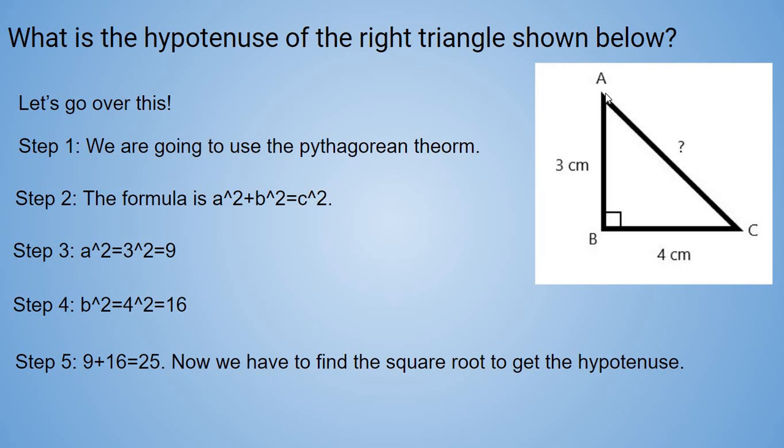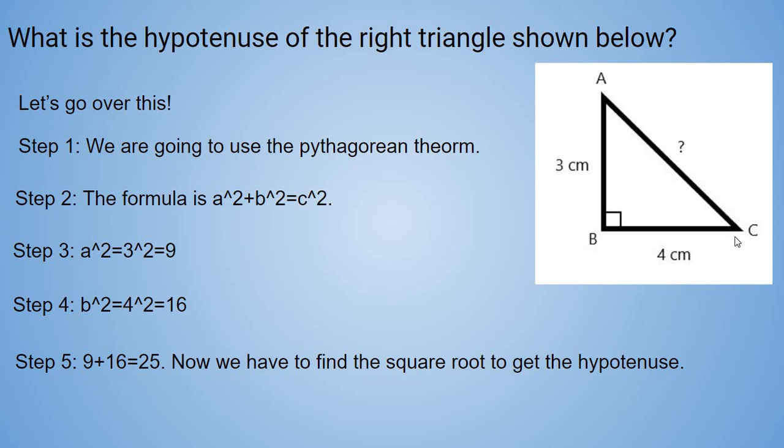But 25 is not our final answer just yet. 25 is C squared, or hypotenuse times hypotenuse, or C times C. So in order to find just the hypotenuse, or hippo, we have to find the square root of 25.